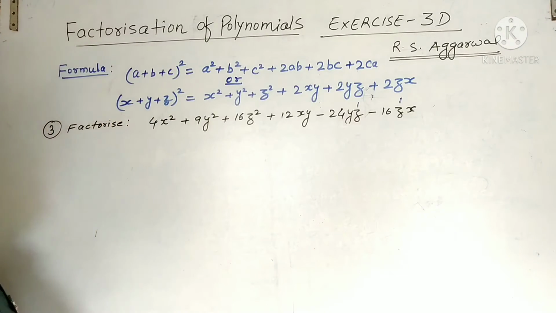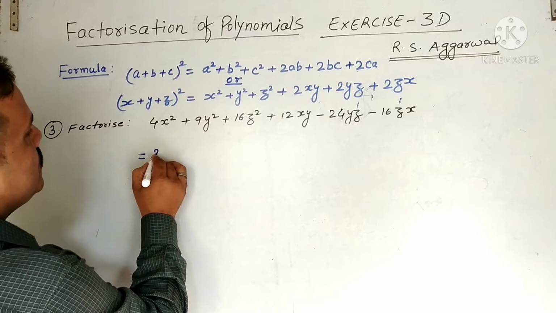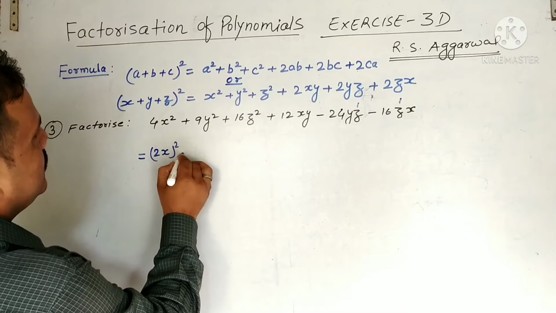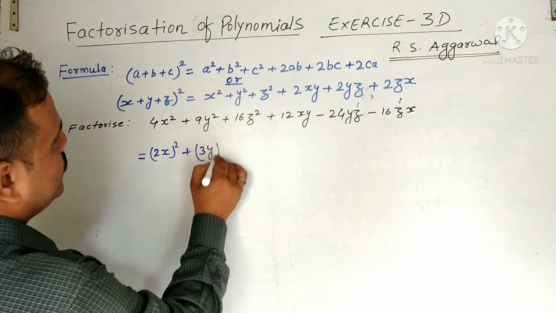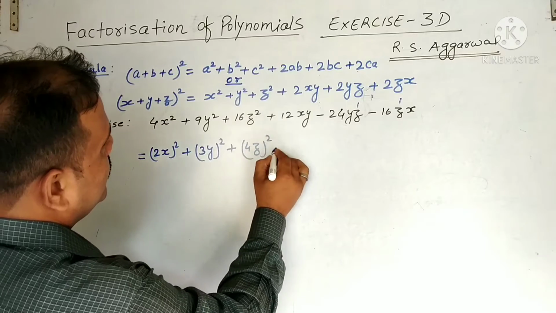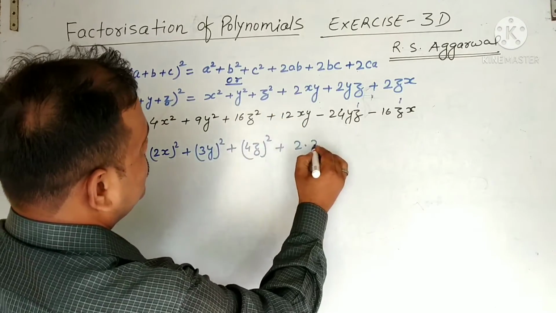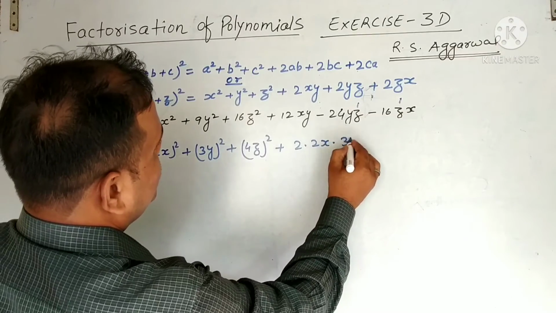So what we will do, see, put equal to 2x square plus 3y square plus 4z square plus 2 into 2x into 3y.